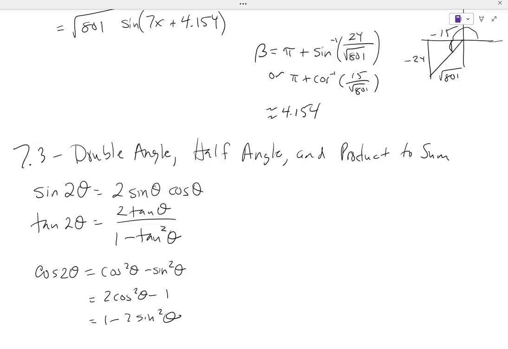Right? The half angle formulas, I typically write them, well, I'll write it this way. Rather than writing them as angle over 2, I prefer writing it as double the angle on the inside.